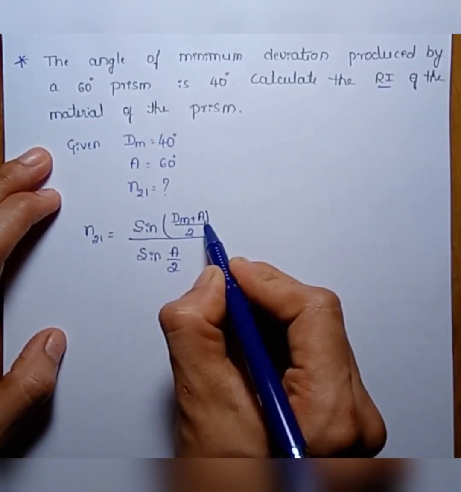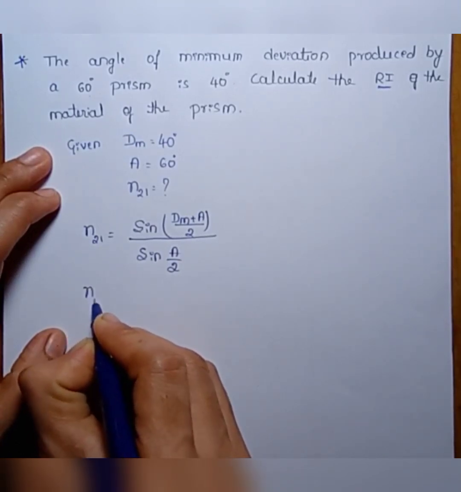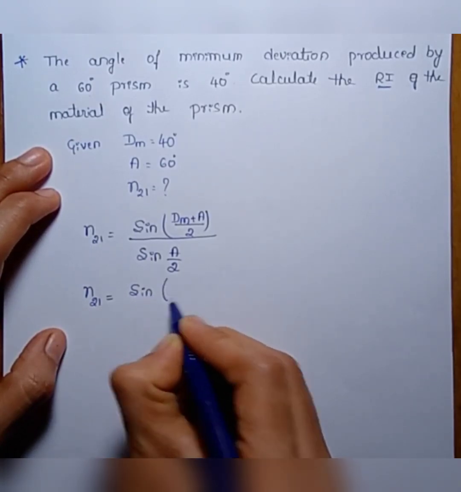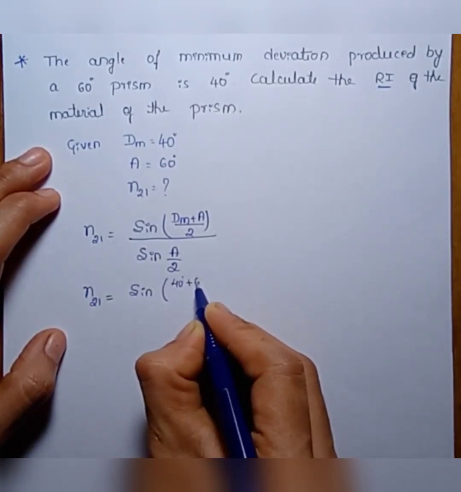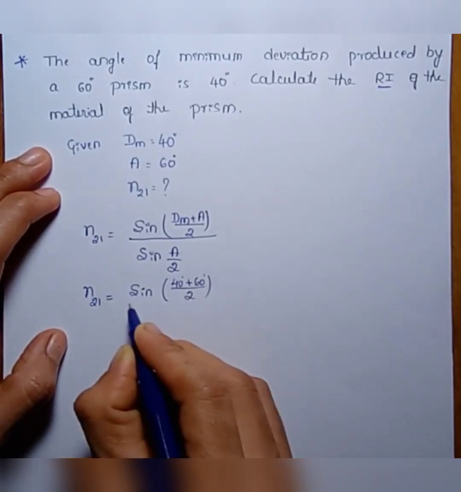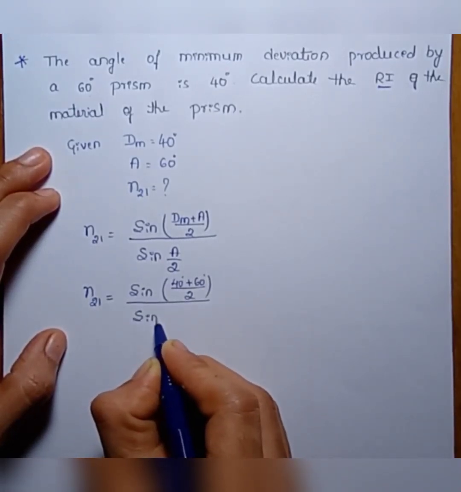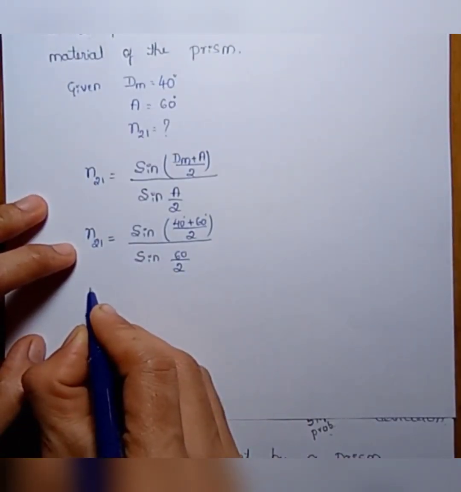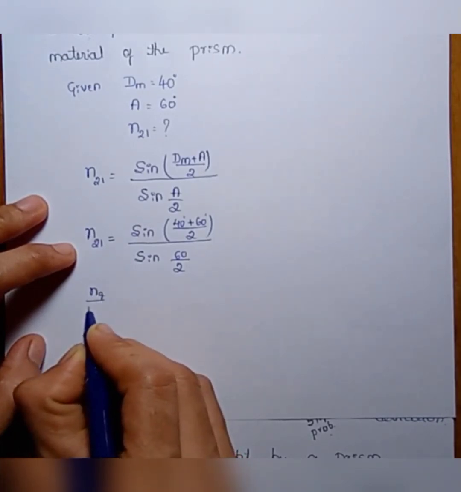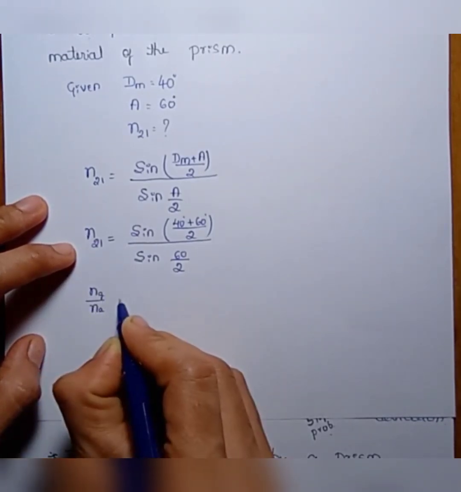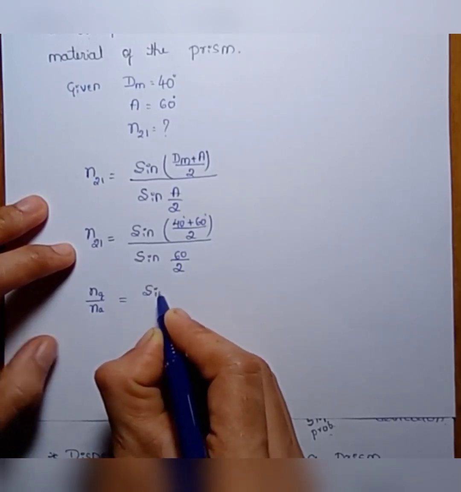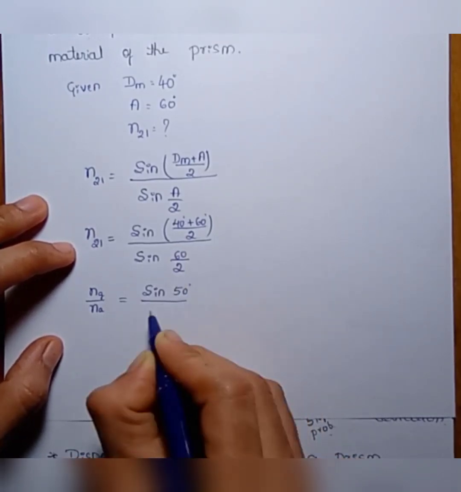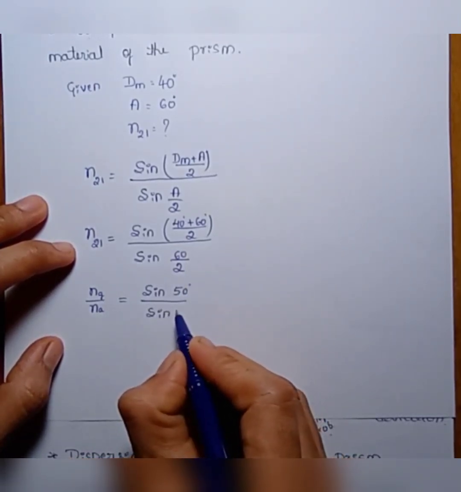Substituting the values of Dm and A in the equation, we get N21 equal to sine of (40 degrees plus 60 degrees) divided by 2, whole divided by sine of 60 divided by 2. N21, the refractive index of glass divided by the refractive index of air, is equal to sine of (40 plus 60) divided by 2, that is sine 50 degrees, divided by sine of 60 divided by 2, which is 30 degrees.